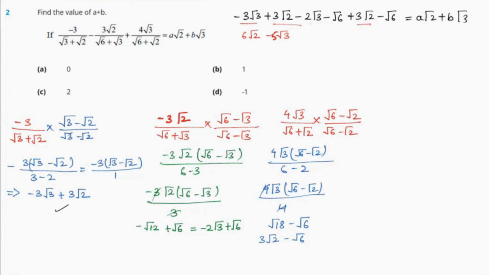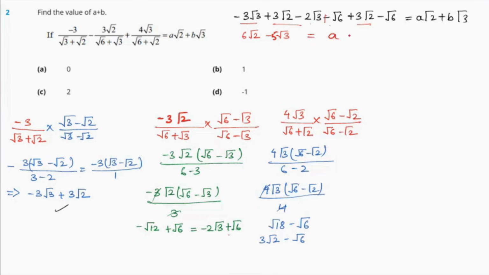Okay, after that, we have another term which contains only root 6 terms. So minus root 6 and plus root 6. When we solve it further, plus root 6 and minus root 6 gives us 0 only. So these two terms got cancelled out.